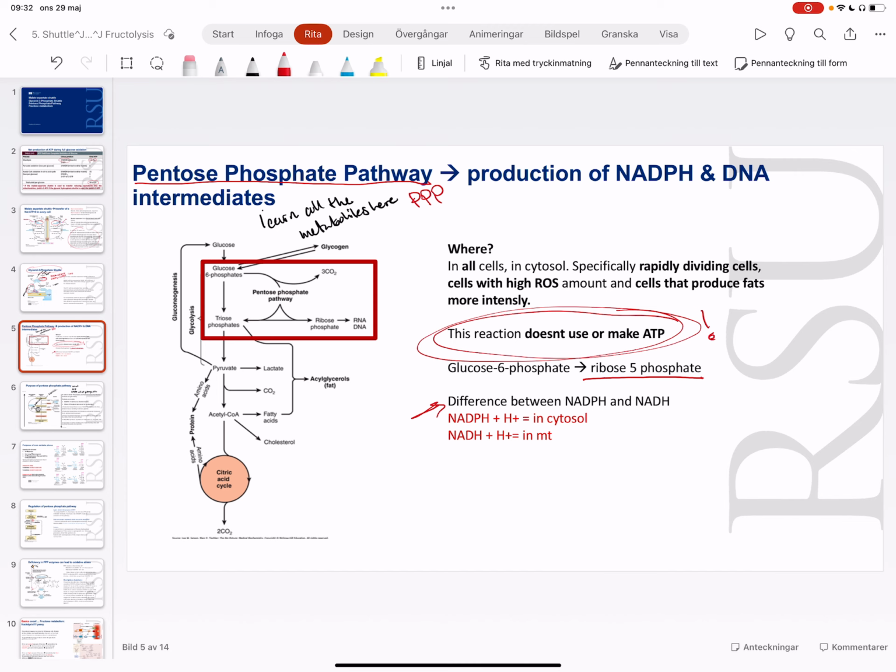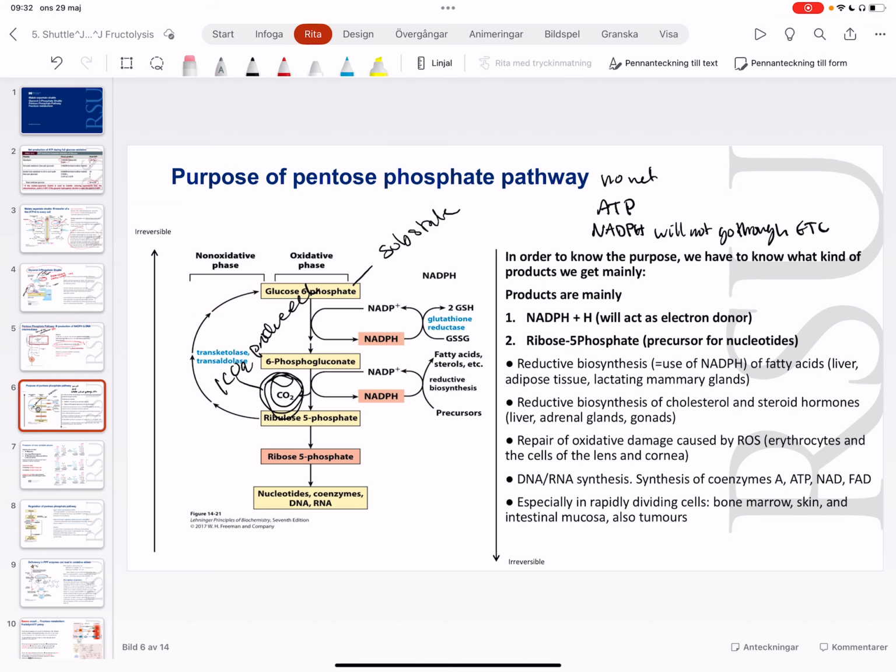It was mentioned that NADPH plus H plus exists in the cytosol, and NADH plus H in the mitochondria, but obviously things can diffuse in and out, so they can exist in both, but we don't have to know the difference. So, the purpose of the pentose phosphate pathway, we just talked about it, is the production of DNA precursors and NADPH plus H.